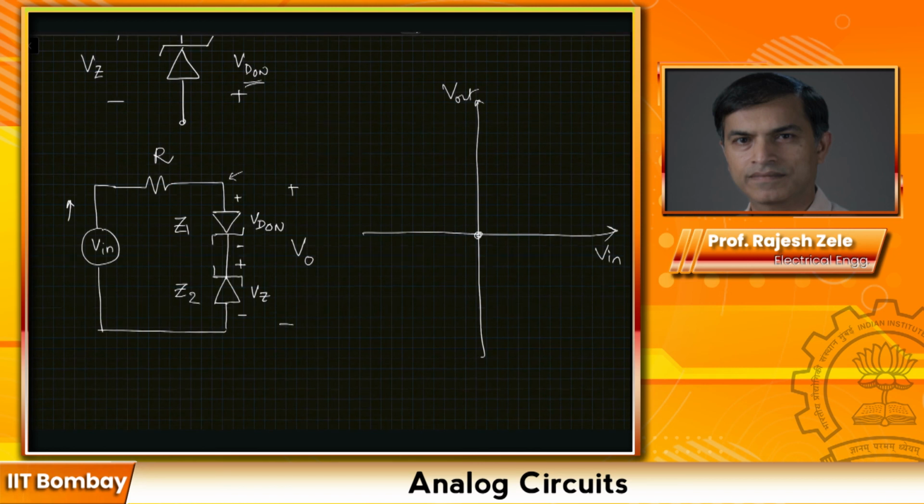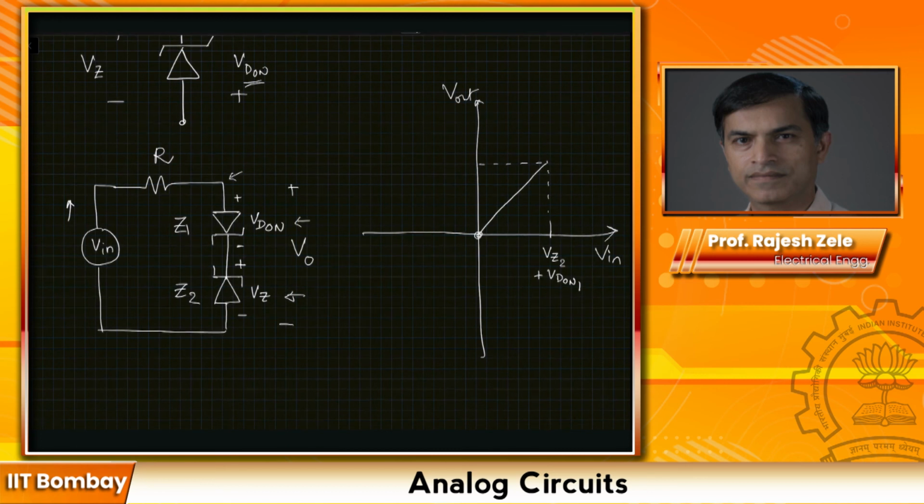So you can see that output is equal to input till the voltage reached is Vz2 plus Vd on 1. Till that point output is equal to input, you should get a slope of 1. Curve that looks like this.